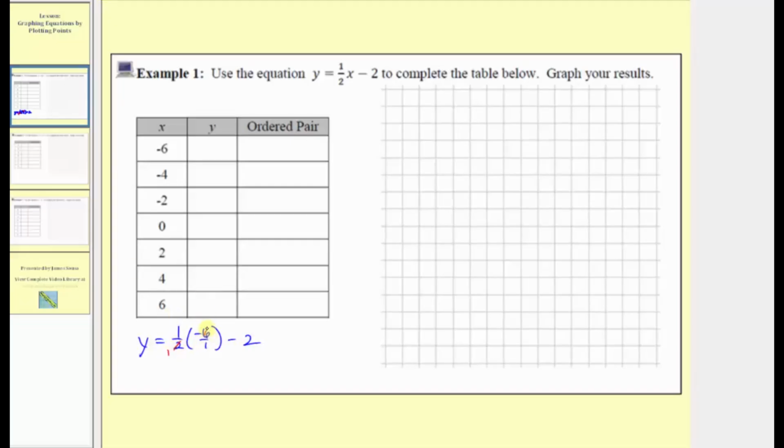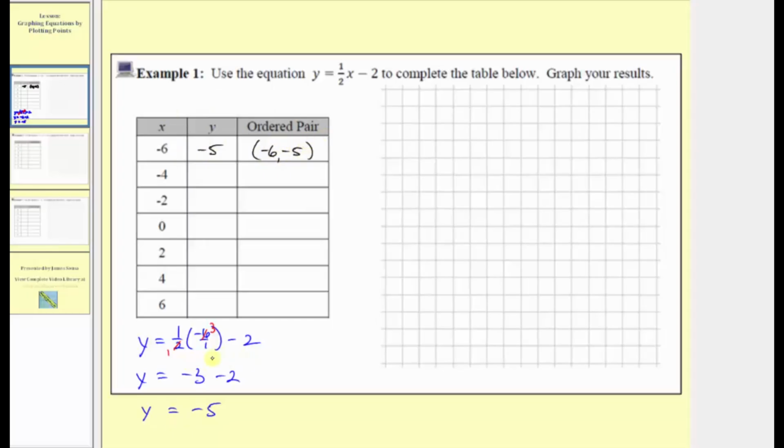There's 1, 2, and 2, and 3 2's in 6. So we have y equals, this is now just 1 times -3, which is -3. Then we have minus 2. So the corresponding output value, or y value, is -5. So when the input is -6, the output is -5, which means the ordered pair is -6, -5.